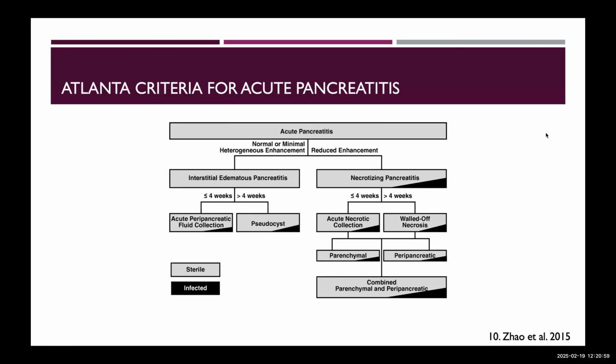And so doing a procedure for cystic decompression of a pseudocyst is appropriate, but it's not appropriate for an undefined peripancreatic fluid collection. On the other hand, we've got necrotizing pancreatitis, where within 4 weeks, one will have an acute necrotic collection, which can change into a walled-off necrosis.